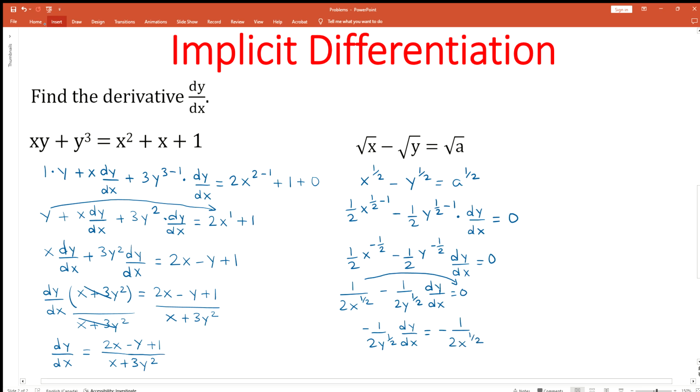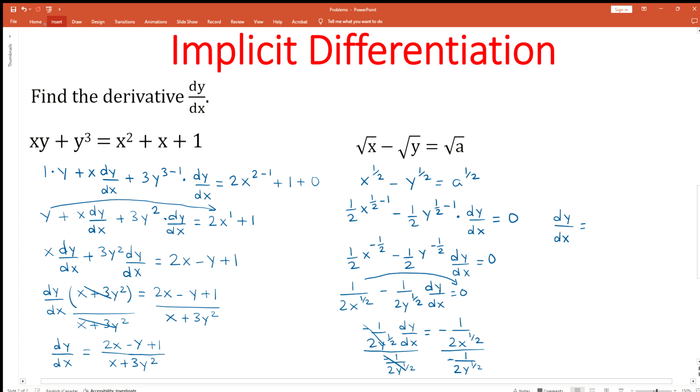Next, we can isolate dy over dx on the left side of this equation by dividing both sides by negative 1 over 2 times y to the power half. On the right side, we have an expression in which we have a fraction over a fraction.